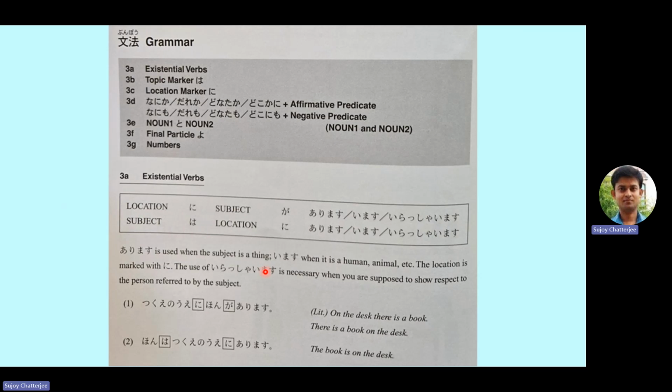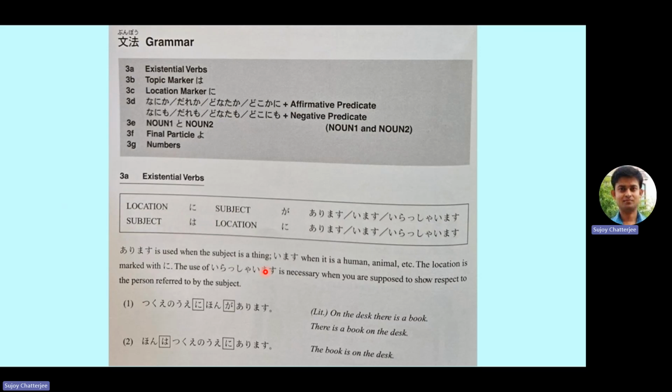For example, the book is on the table. If you say this, then you cannot use desu here because this will not be applicable in this case. Desu cannot tell you the location of that object. It will just tell you about the existence of the object, but where it is existing, desu cannot qualify that. That will be qualified by arimasu.